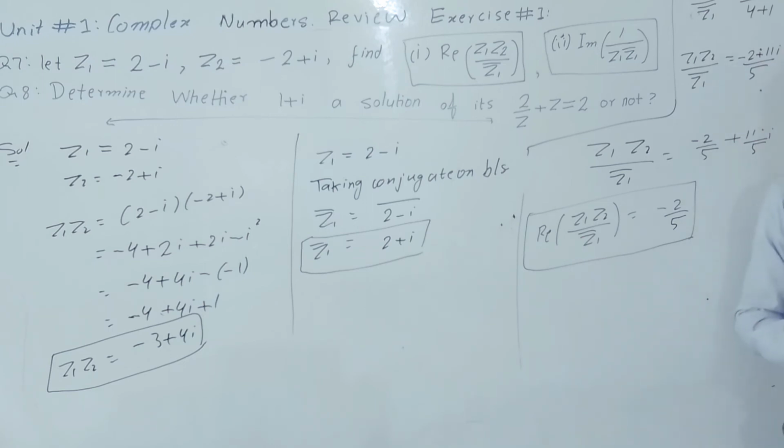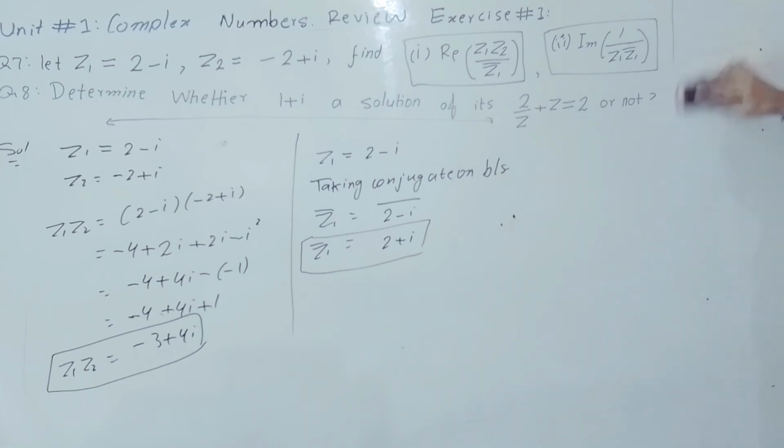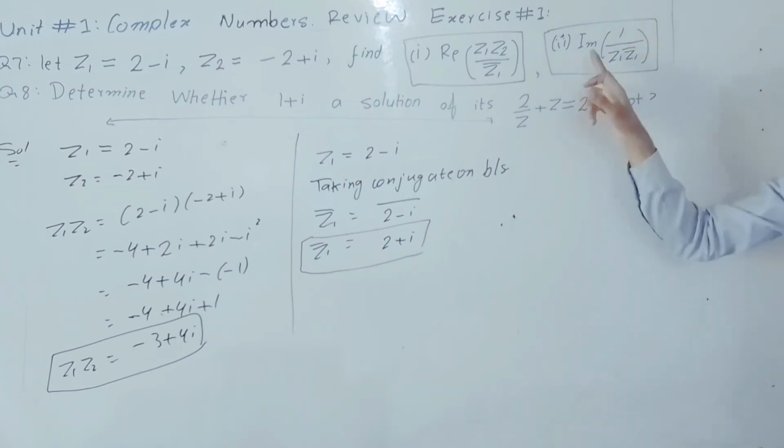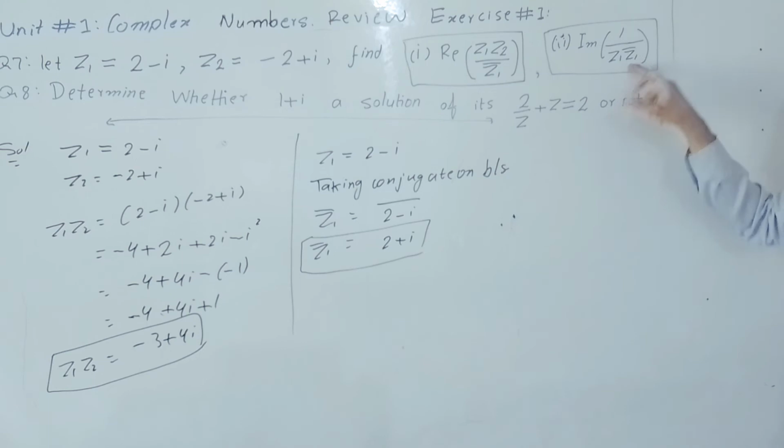Next, part number 2, that is imaginary of 1 divided by z1 conjugate.